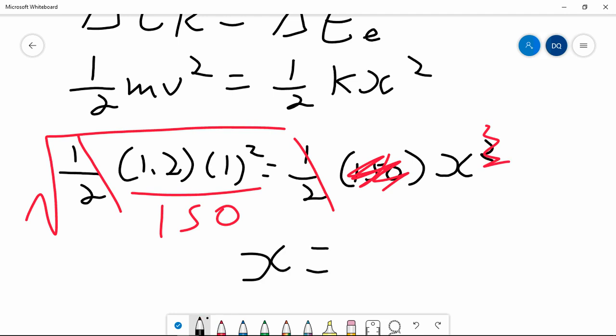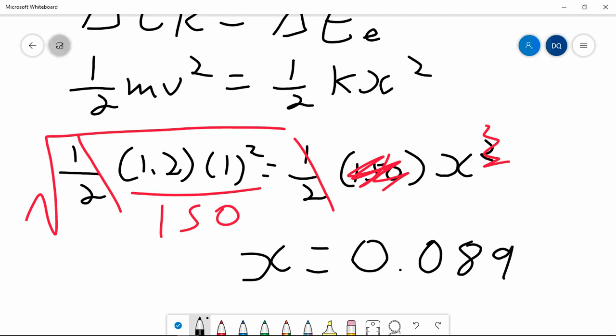So that makes x equal to the square root of 1.2 multiplied by 1 divided by 150, and we're going to take its square root, and that gives us 0.089.